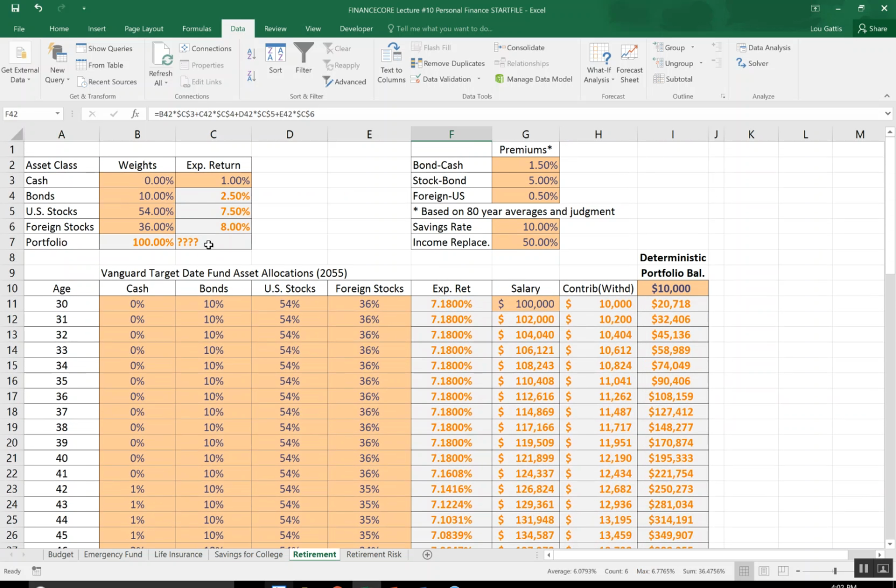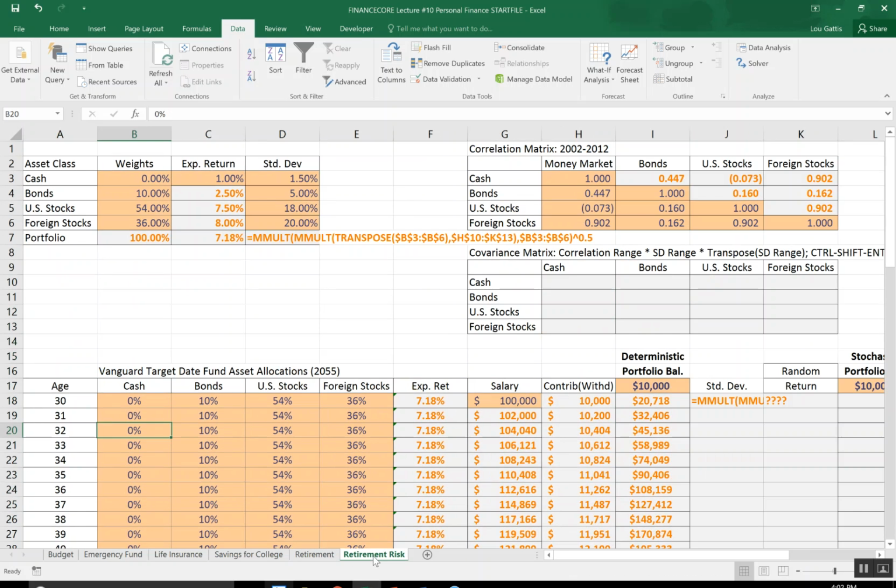So why didn't I just put all my money into the highest return asset? Why didn't I just make all these zeros except for foreign stocks at 8%? That would make this portfolio look a lot better. So how to deal with risk is I'm going to have to do some kind of Monte Carlo simulation where I allow the returns to be risky.